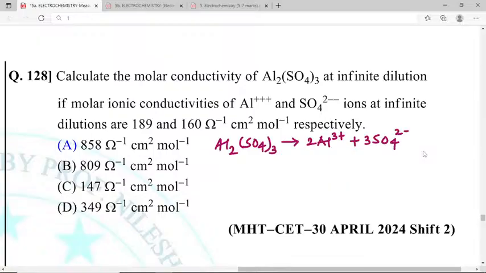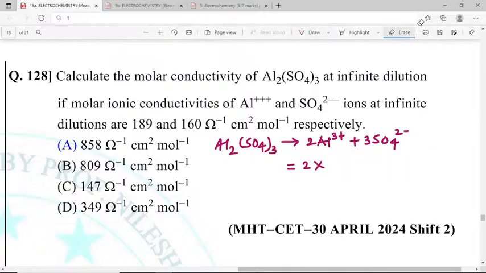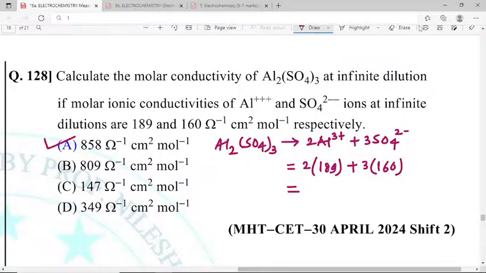So the molar conductivity is equal to 2 multiplied by the Al3+ value, 189, plus 3 times sulfate, 160. Multiplying by 2 and by 3, we'll get the answer 858.